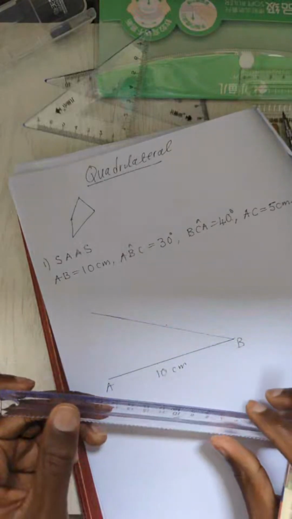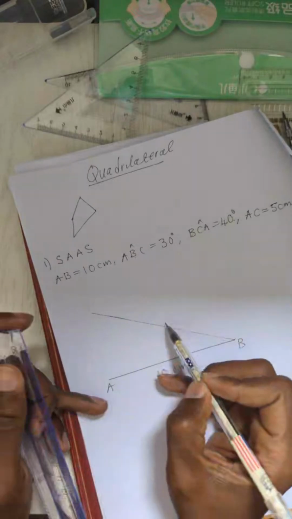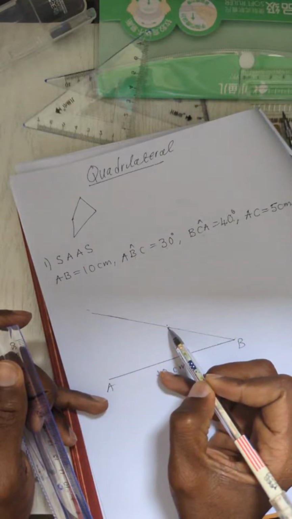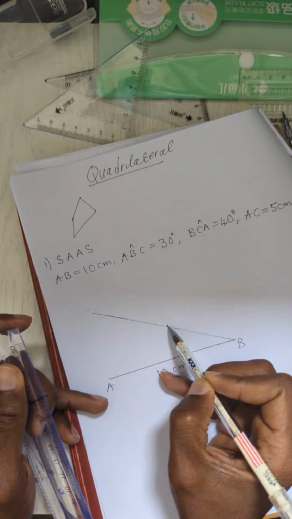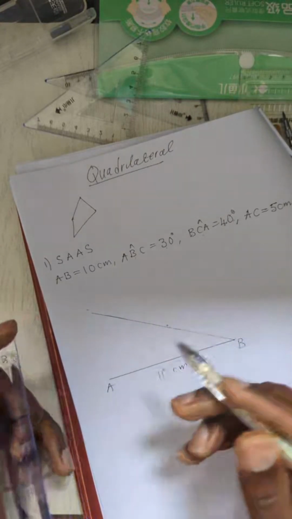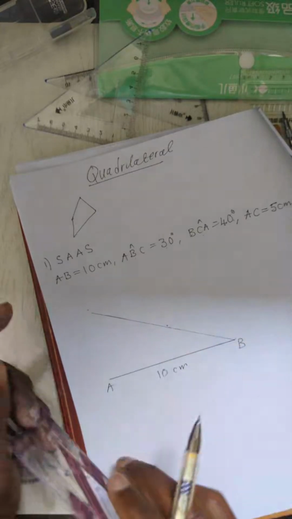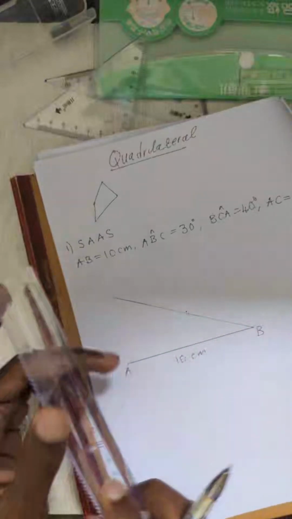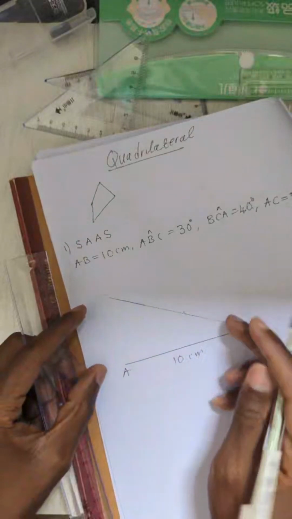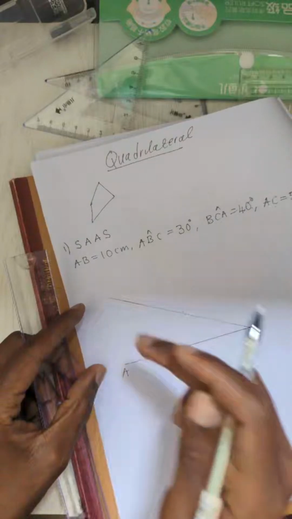It's not coming out right. This line has to pass through this point. I'm being disturbed by the phone, therefore I can't do it nice and neat. But we know that C must be somewhere here, right?